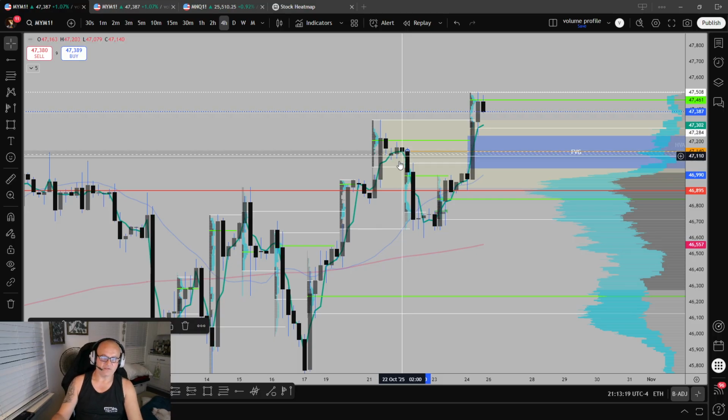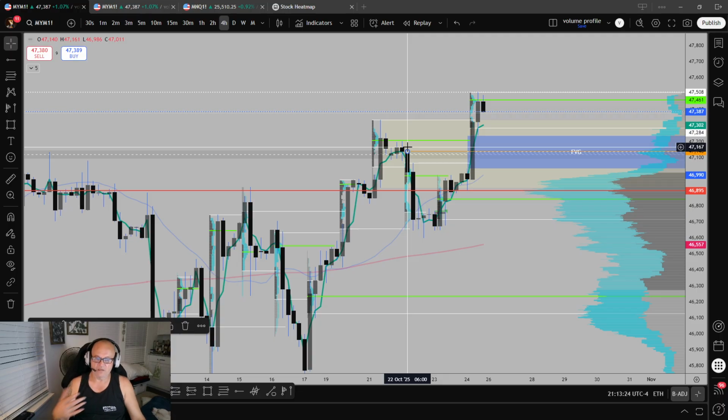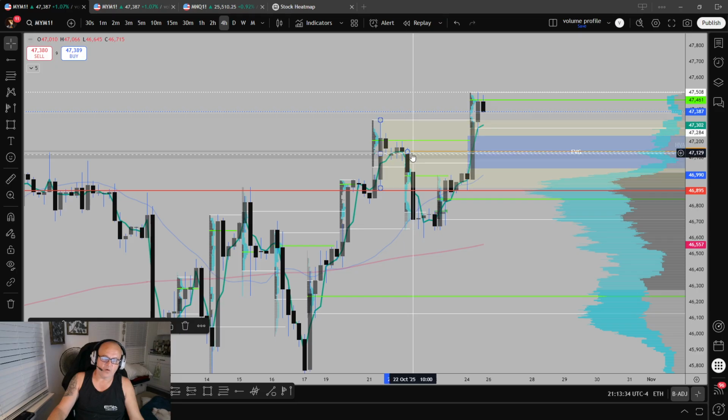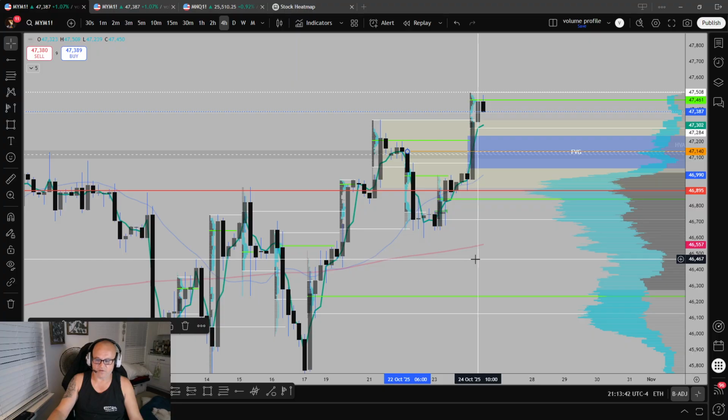Again, discounting this one just because not a lot of volume, not a lot of movement, and in an overnight session, not created in the New York session, where all the big money is playing. So the opening price of that order block sits right in our high value or high volume area on the volume profile. Okay, so this is the area that I'm looking at.